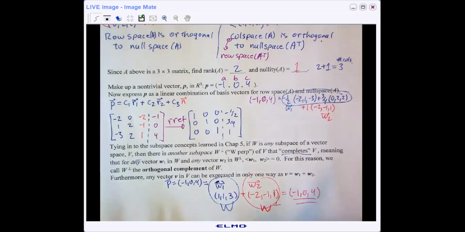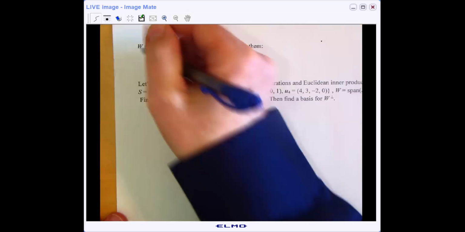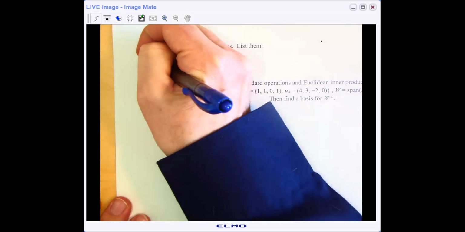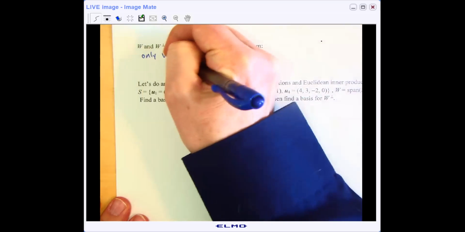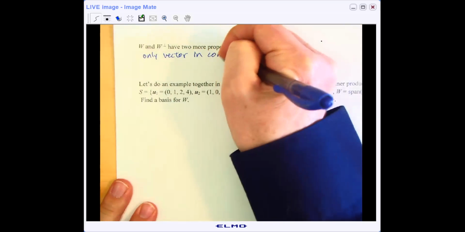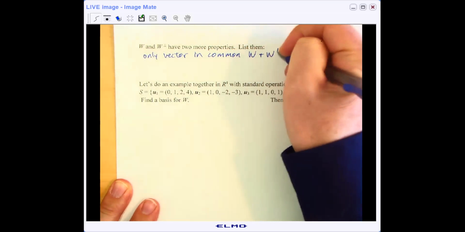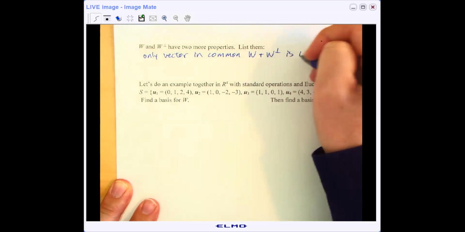Now W and W perp have a couple more properties. Just to remind ourselves, the only vector in common between W and W perp is the 0 vector.